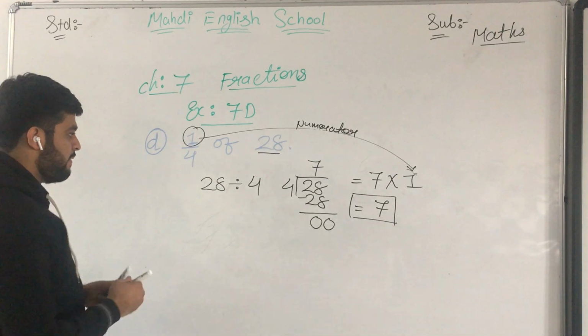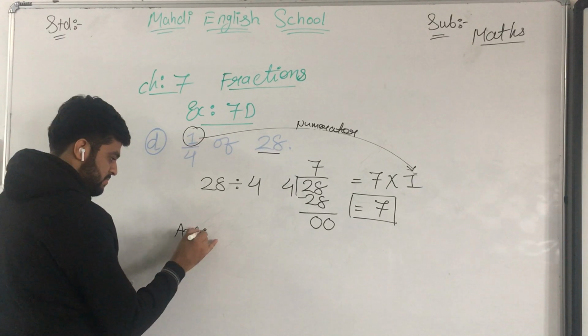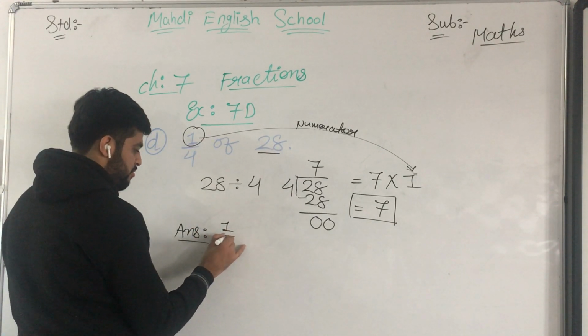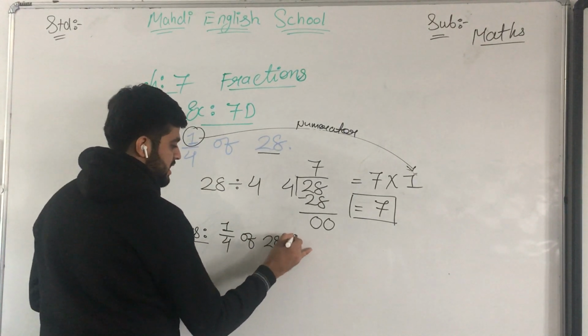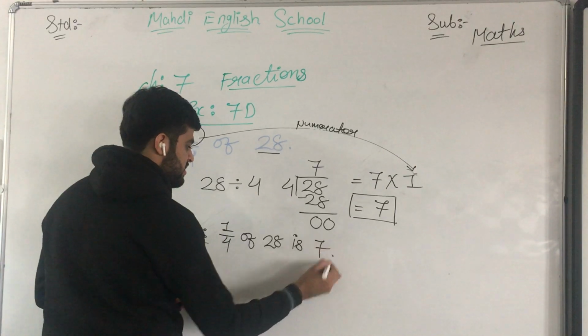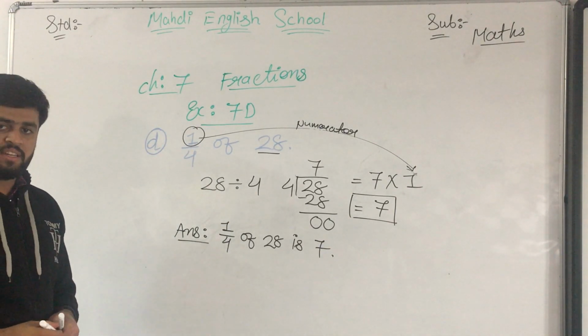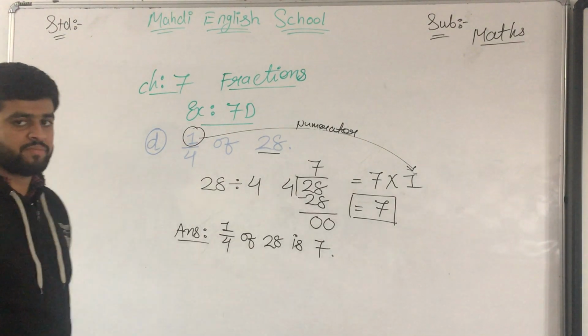Now we write here the answer. So the answer is what? 1 upon 4 of 28 is 7. What is my point? Now you note down in your book, dear all.